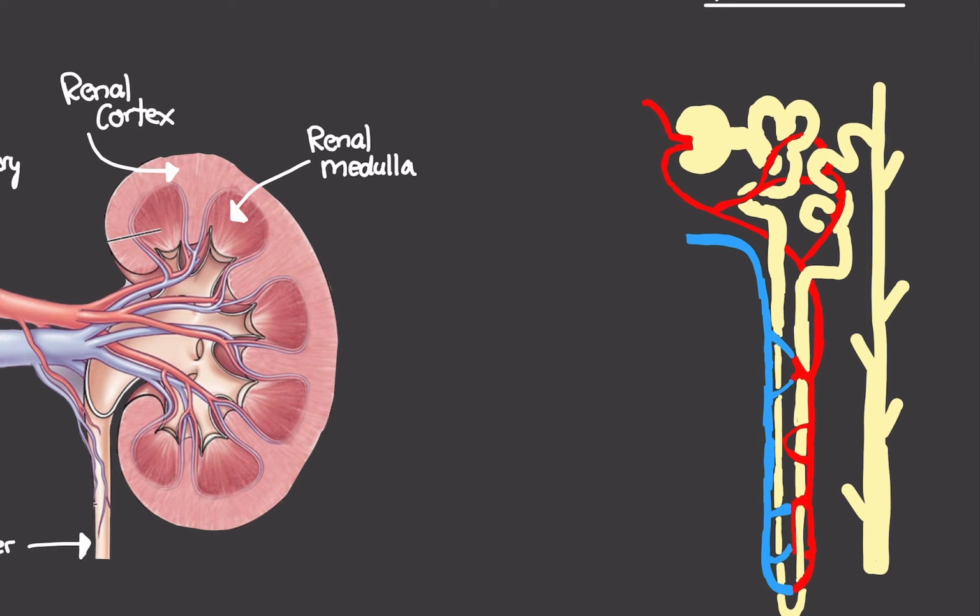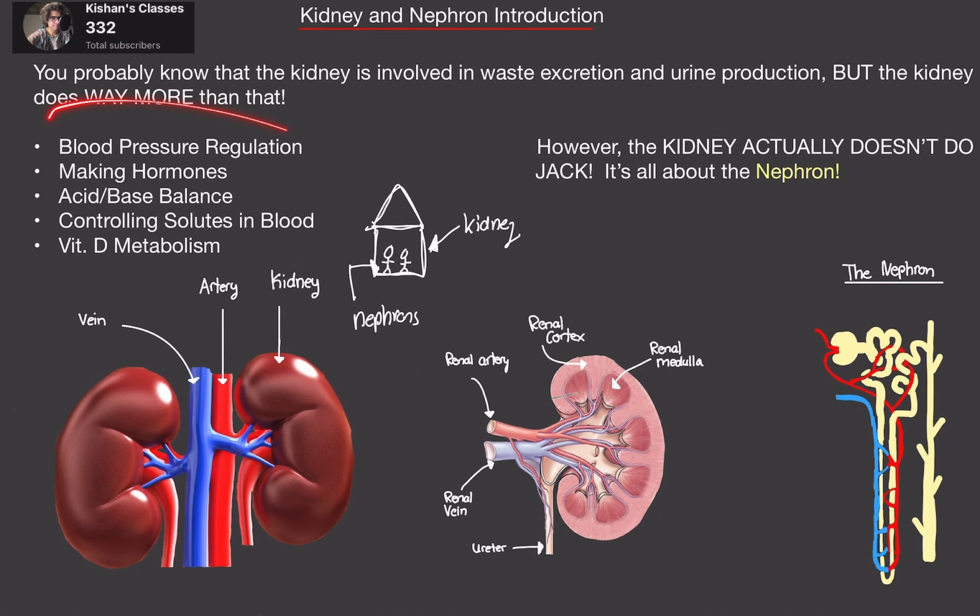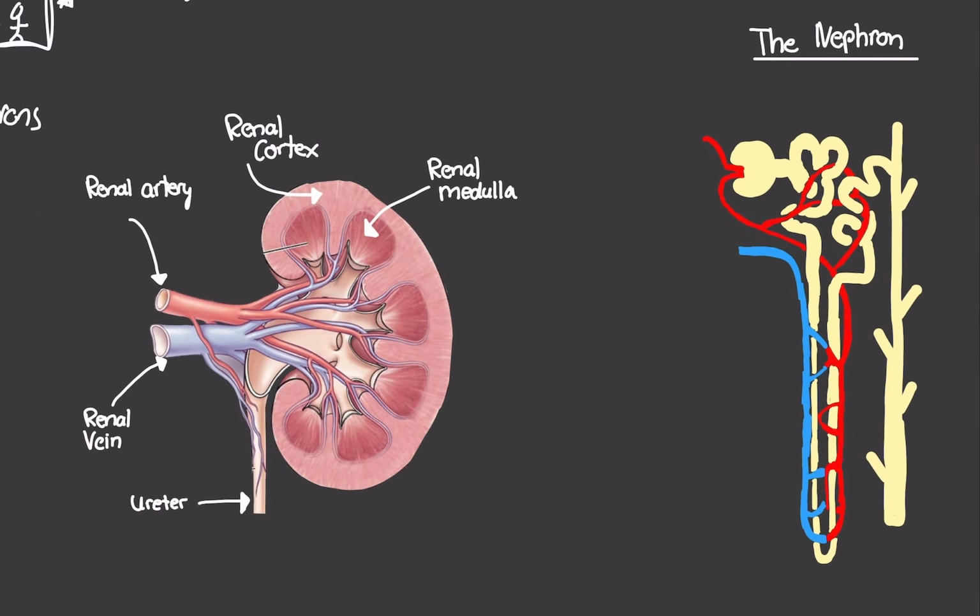This is what does the work of everything I listed here, as well as waste excretion and urine production. It's the nephron that does all this. There are millions of these inside the kidney, located in the cortex and the medulla. Literally everywhere.